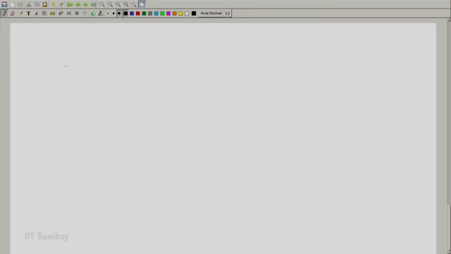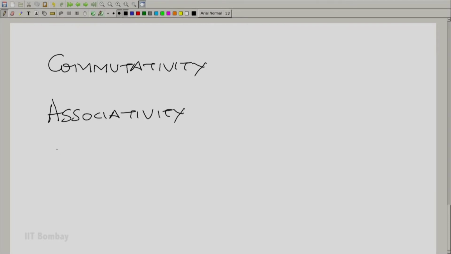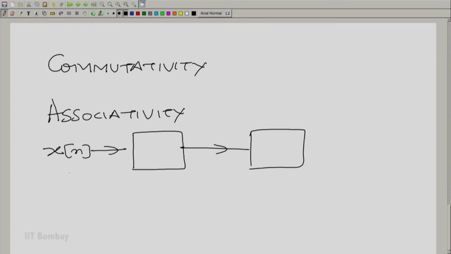That is important. And what does commutativity mean? But before we ask what commutativity means, let us ask what associativity means. So, let us consider a sequence x[n] or x(t) being given to two systems one after the other. Remember, we are treating continuous and discrete systems together.